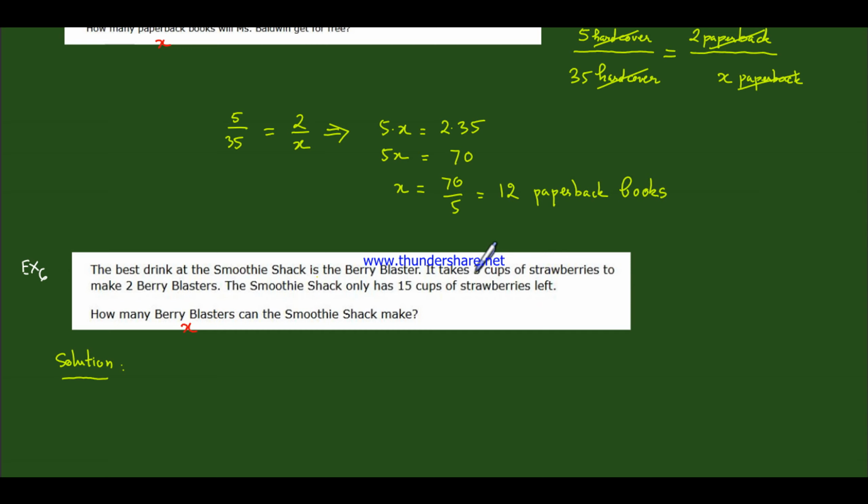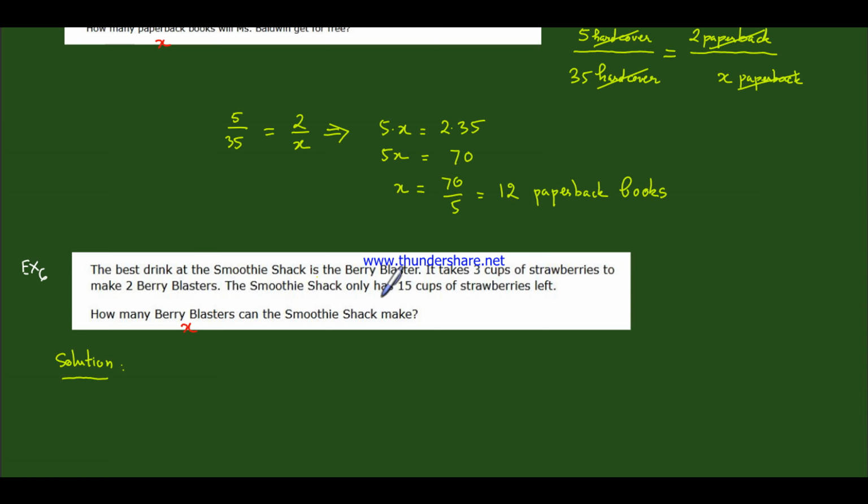Oh no, smoothie sack is the name of the store. So the first quantity is berry plaster. Let me see. Okay, it takes 3 cups of strawberry to make 2 berry plaster.